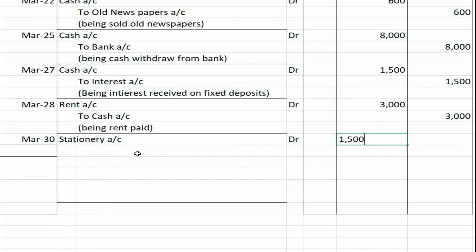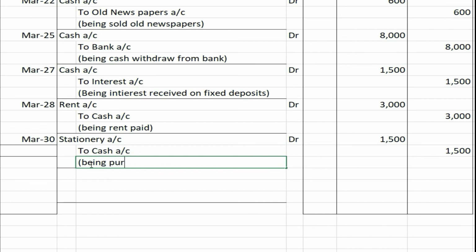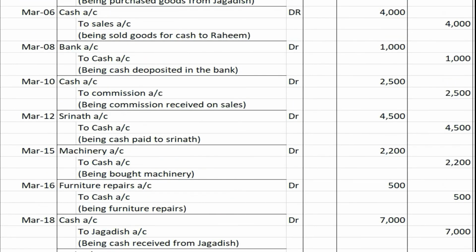Stationery account debit, amount is 1500, to cash directly in the credit column 1500. Narration being purchased stationery, bracket close, then underline.